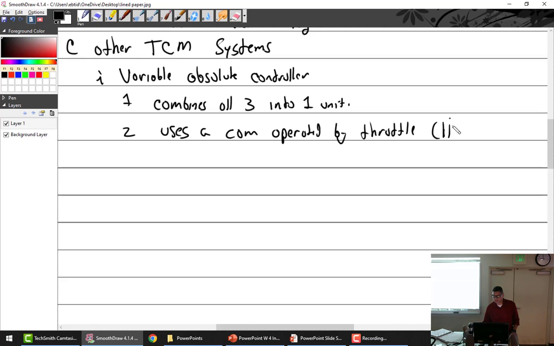That's like the Lycoming variable. Usually used in conjunction with an overboost relief valve.